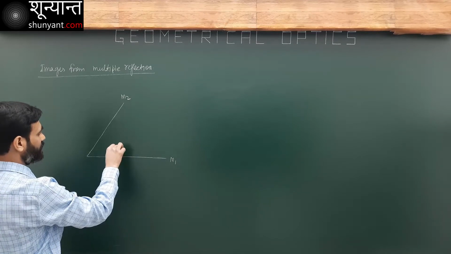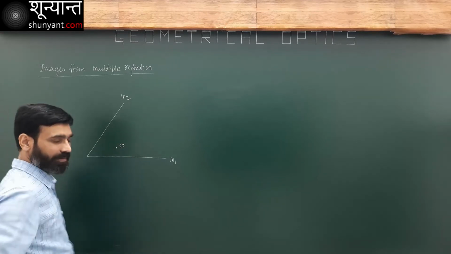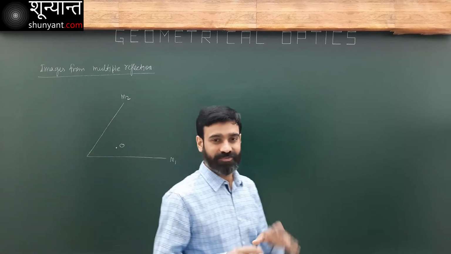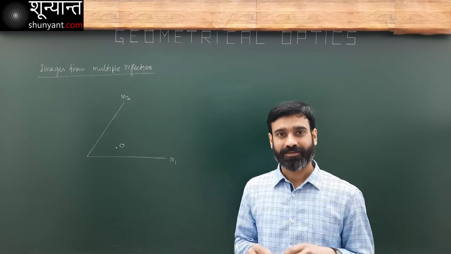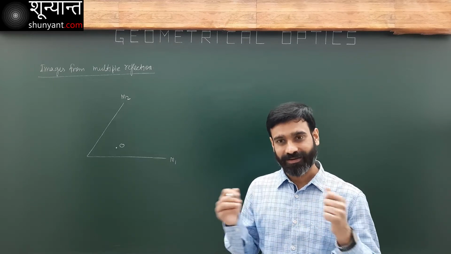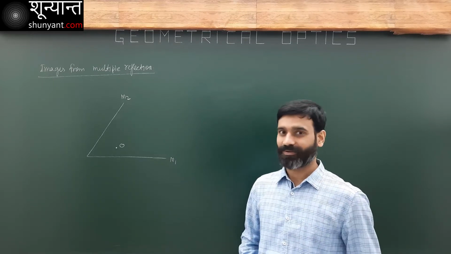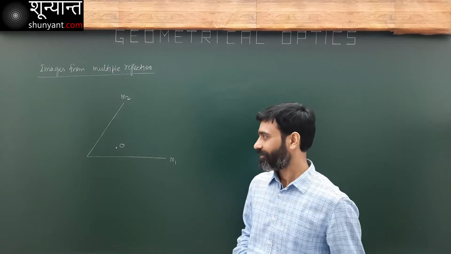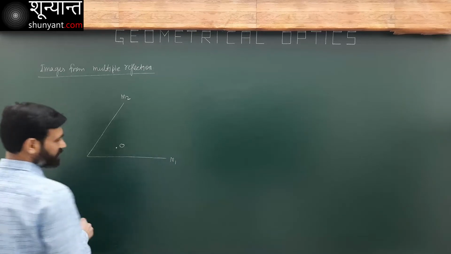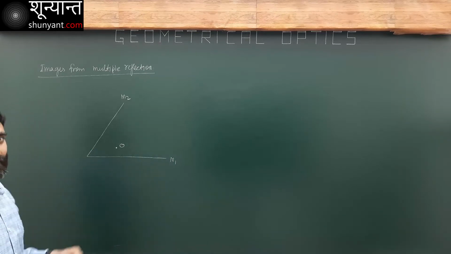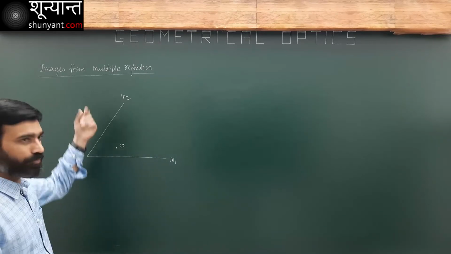This is my object. From this object, light rays will go in all directions, in all the infinitely possible directions. Spherically it will spread, in 3 dimensions. Some of those lights will hit M1, some of them will hit M2.